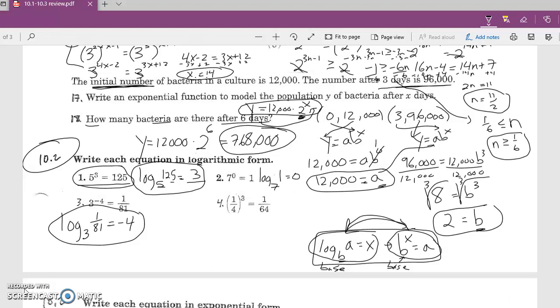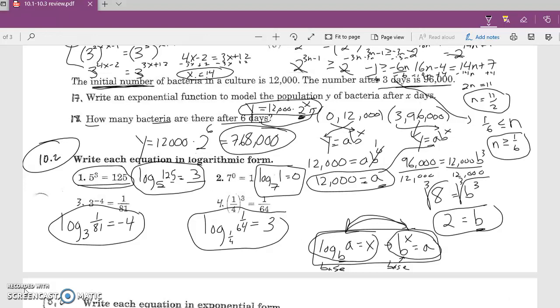So basically this means 7 to the 0 power is 1. Final one, I would do log. Again, my base is 1/4, of 1/64 equals 3. So again, the base is the base, and the other two dudes switch sides. And you can always turn an exponent into a log.